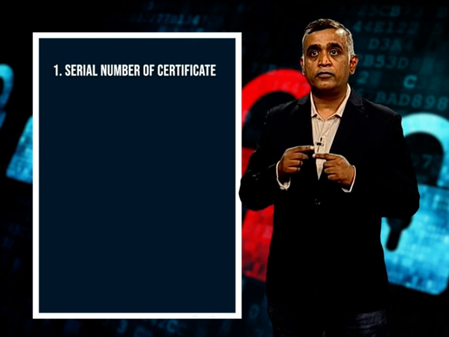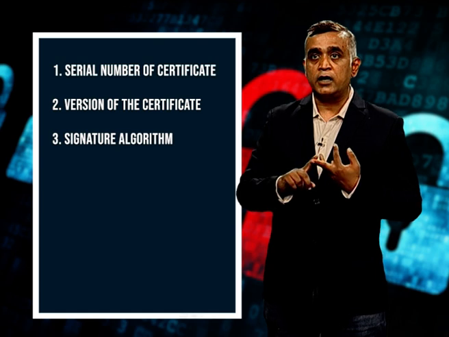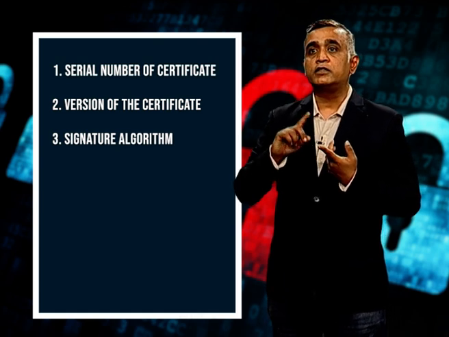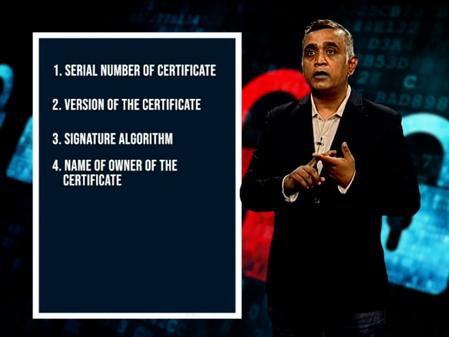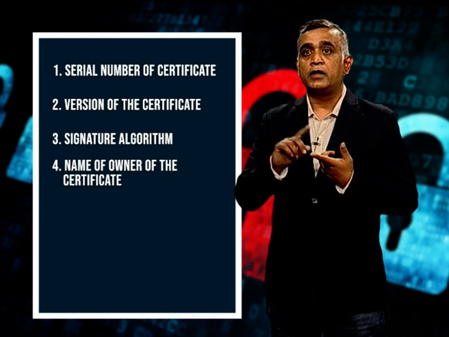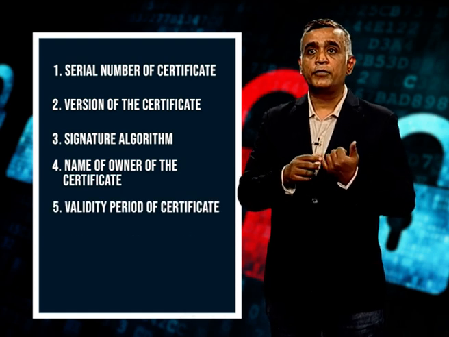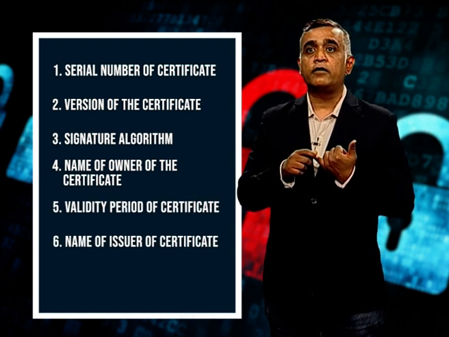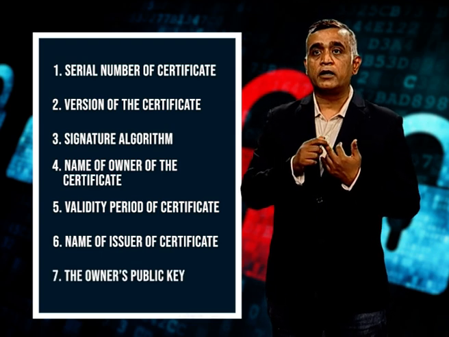This X509 version 3 gives us 7 mandatory fields: serial number of the certificate, version of the certificate, signature algorithm which is used for creating that certificate, the name of the owner of that certificate, that is the subject name, validity period of the certificate, the name of the issuer of the certificate or the certifying authority's information, and the owner's public key.